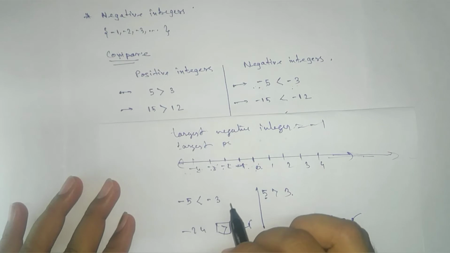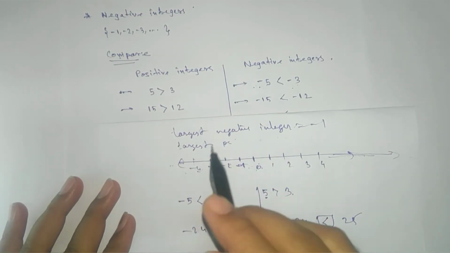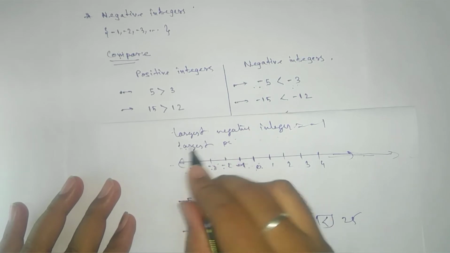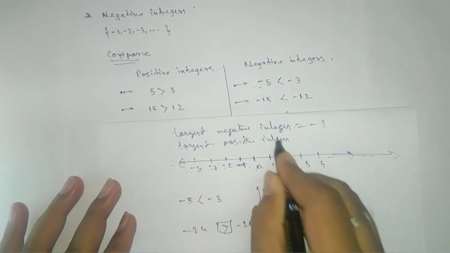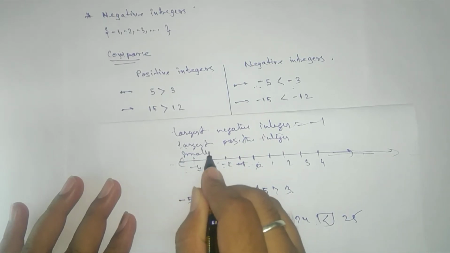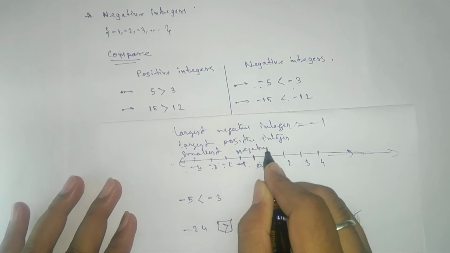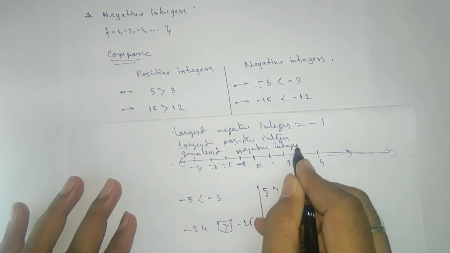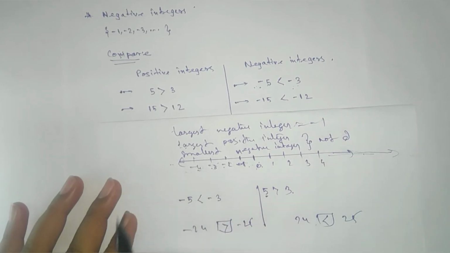So your answer will be not defined. And the smallest negative integer is also not defined. Remember, the largest positive integer and the smallest negative integer are both not defined, because they will never end on this side.